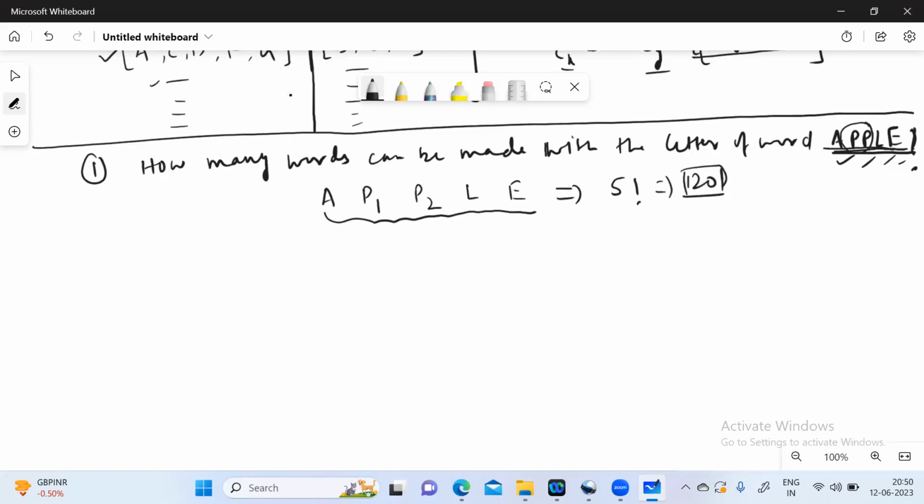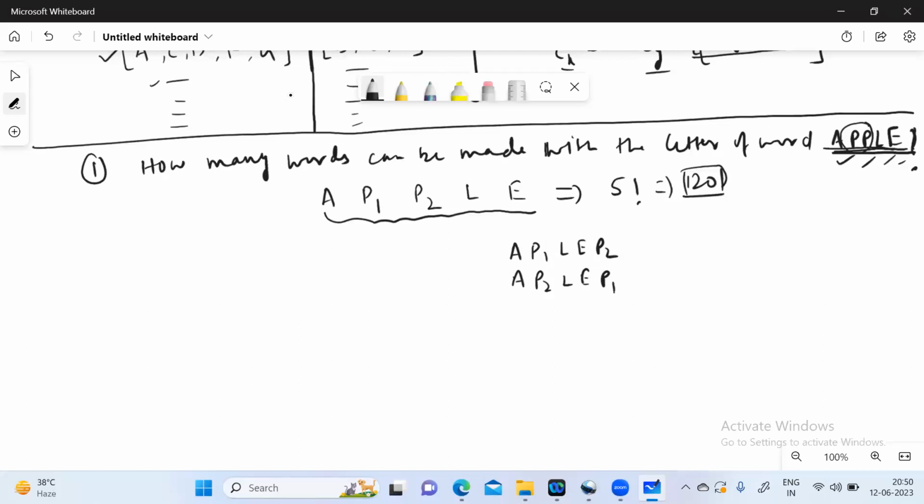So you will find that there is a pair of words which are the same in a way. Like if I am getting a word like A, P1, L, E, P2, and there is another word A, P2, L, E, P1.